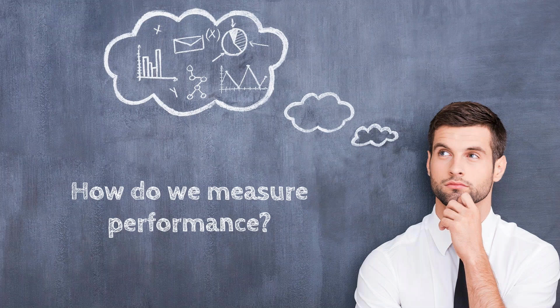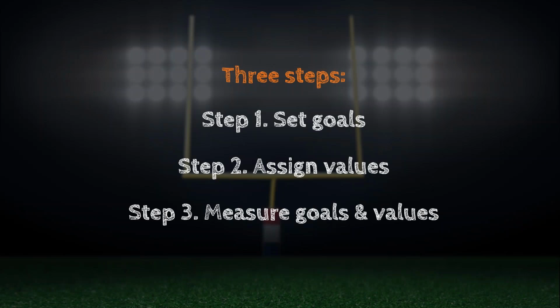So when we're talking about how to measure the performance of our site, in order to do that, we need to have our platform set up so that we can. The 3 steps that we're going to go through in order to do this are, number 1, to set goals for your website.